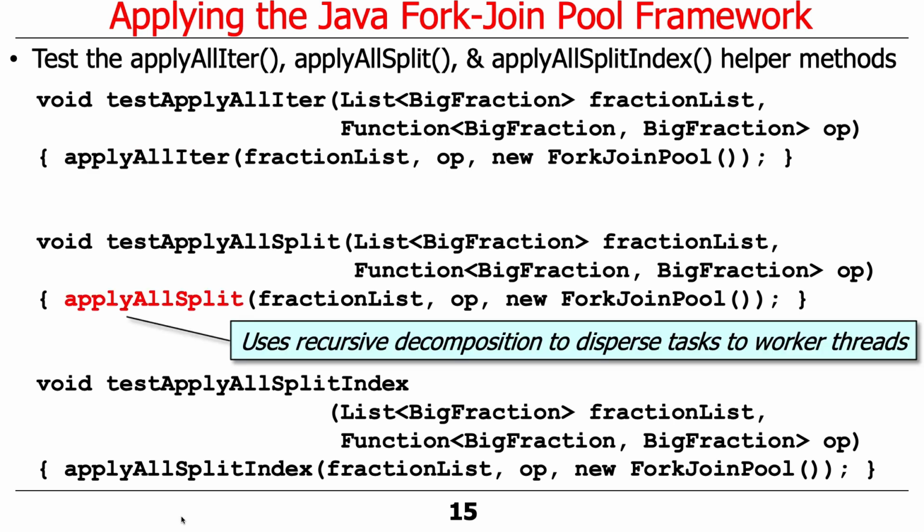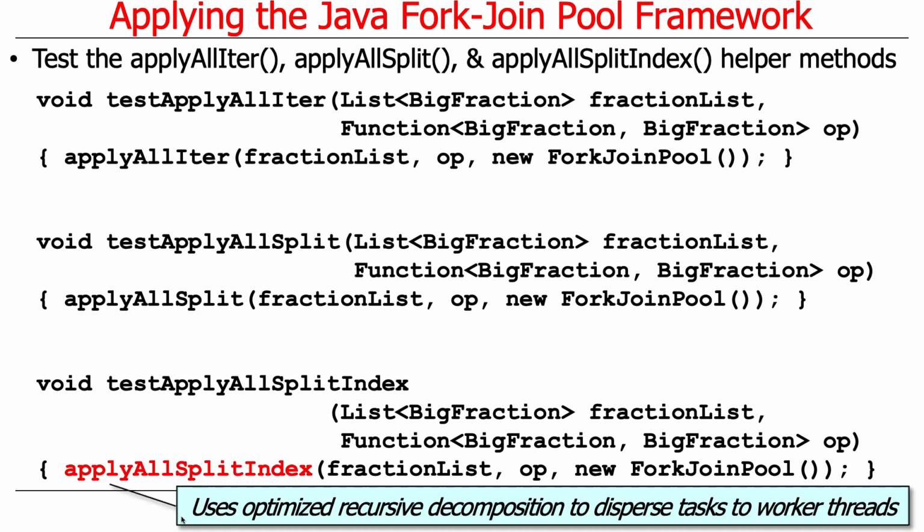Apply all split uses recursive decomposition to disperse the tasks to worker threads in a more even way. As you'll see, there's a lot less stealing going on here, but the program is a little bit more complicated to program and understand. And then the third approach, called apply all split index, uses an optimized recursive decomposition approach to disperse tasks to worker threads.